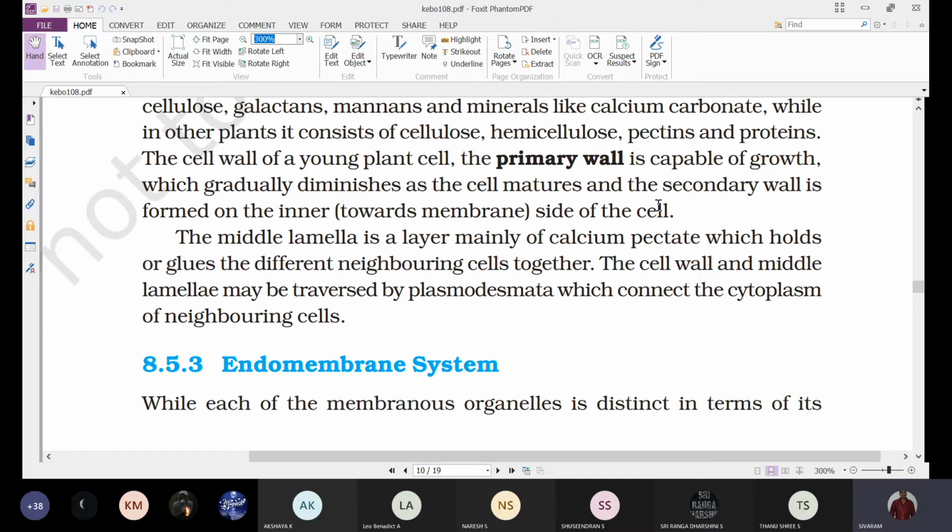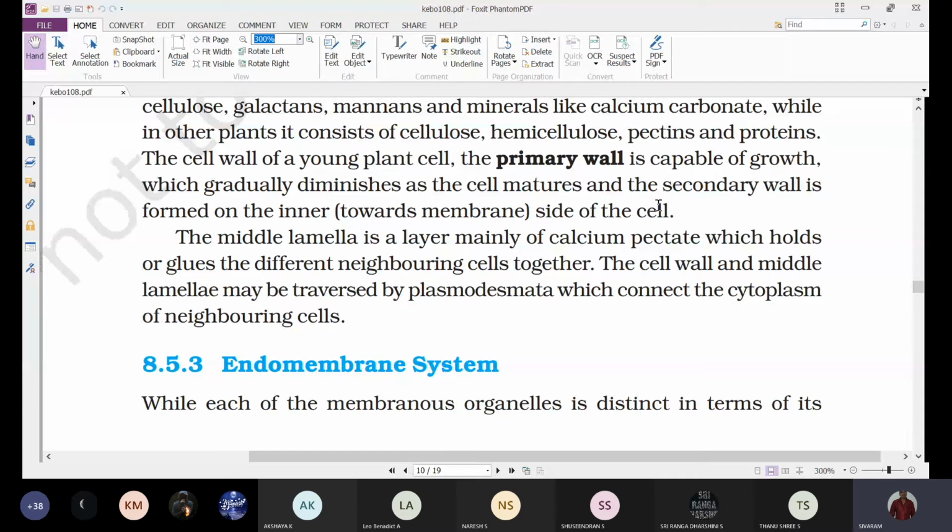And the cell wall and the middle lamella may be traversed by plasmodesmata, which connect the cytoplasm of the neighboring cells. That means at some points we will find certain openings.